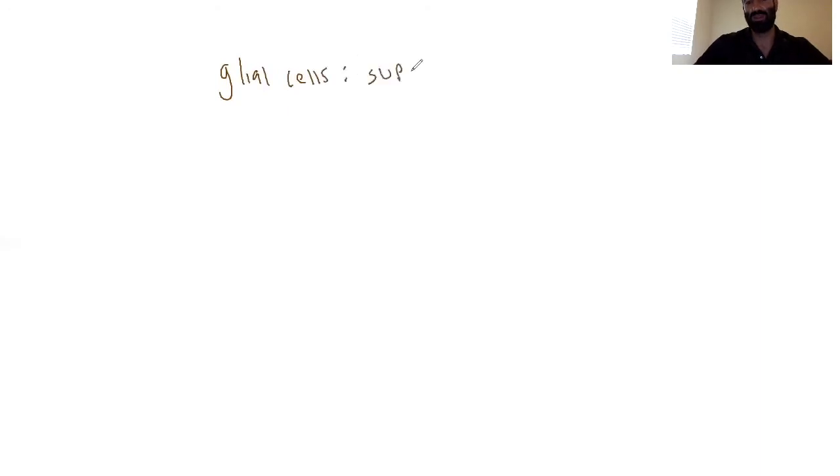They are supporting, and there are different glial cells found in both the central nervous system and the peripheral nervous system. What I'm going to do here is draw a neuron. You'll see why in a bit. Keep in mind, I'm just drawing a standard neuron. There are many different varieties and types of neurons.